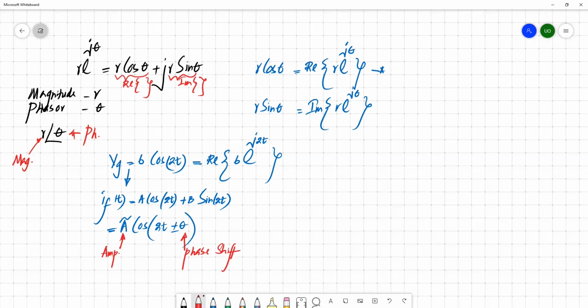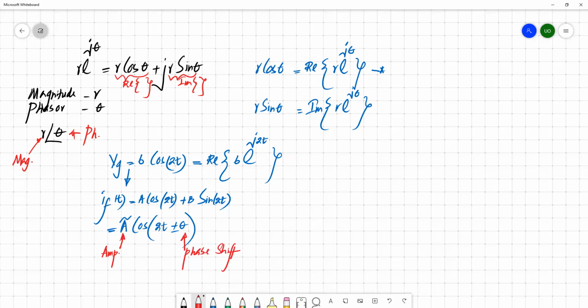So we claim that inductors or capacitors, or a combination of inductors and capacitors, will lead to an additional phase shift relative to the original source. Then we can evaluate the currents and voltages, but these inductors and capacitors introduce an additional phase shift, either plus theta or minus theta depending on the energy storing element we have considered here.